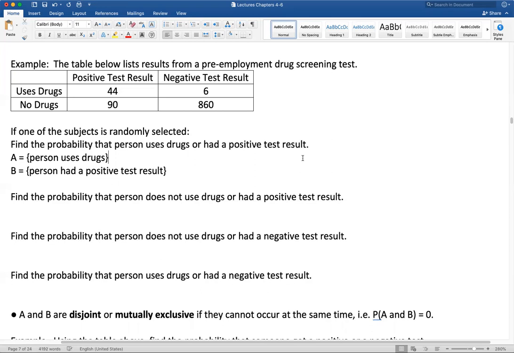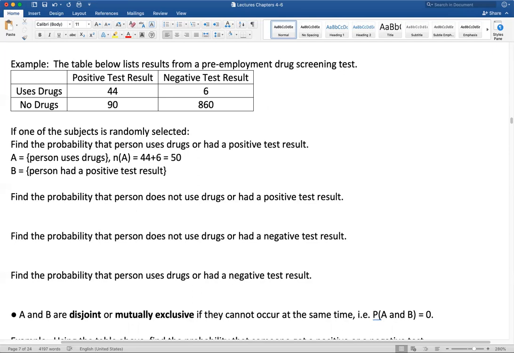Now let's figure out the number of outcomes in event A. Normally we use a lowercase letter n, so n(A) is the number of outcomes in event A. How many persons used drug? 50, right? 44 plus 6, which is 50.